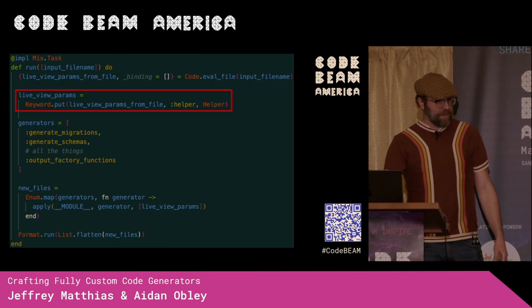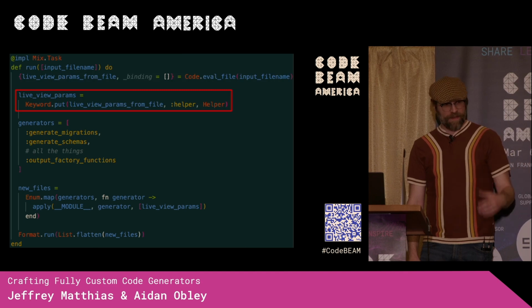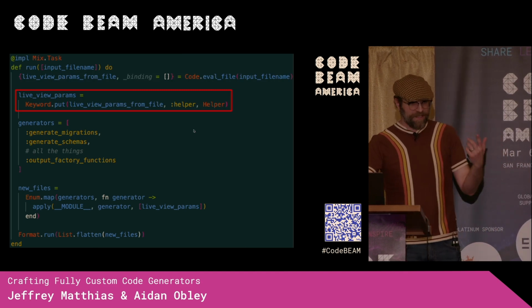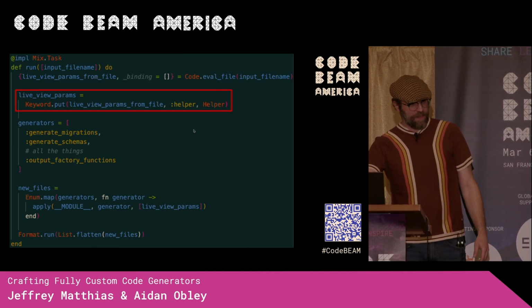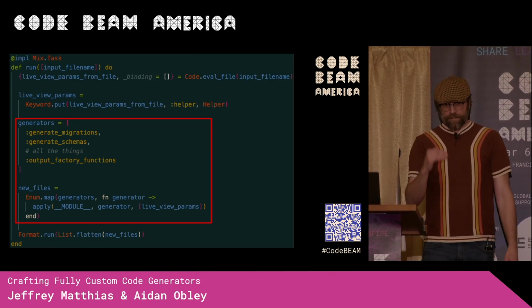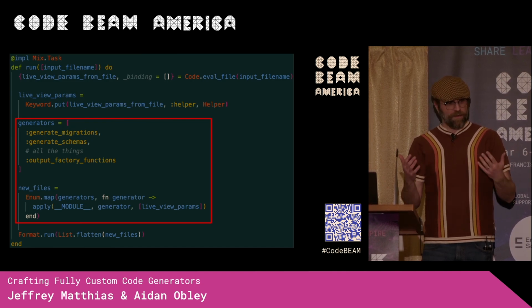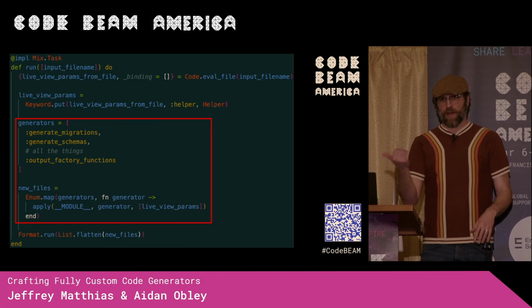And then here's the line where we add in that helper module to the things that we parsed out of that file. It's aliased here up above in this code. Then for each step we've got generator functions, and we just run through and call each of those, hand over that same set of inputs, and let them grab what they want from it.